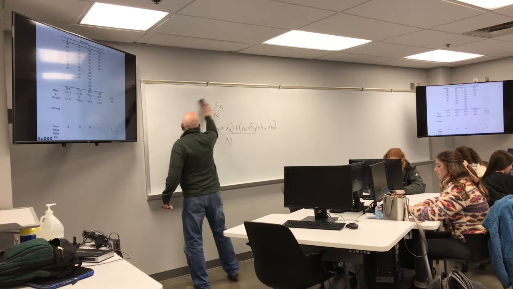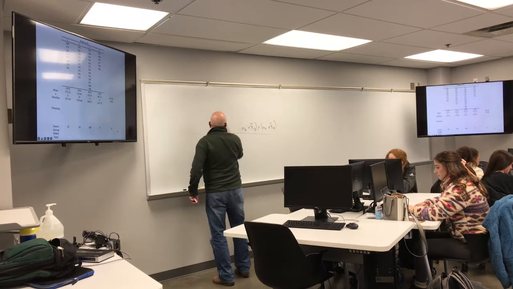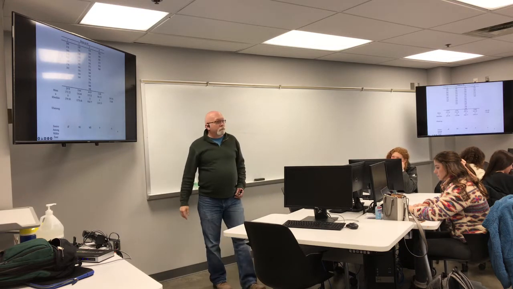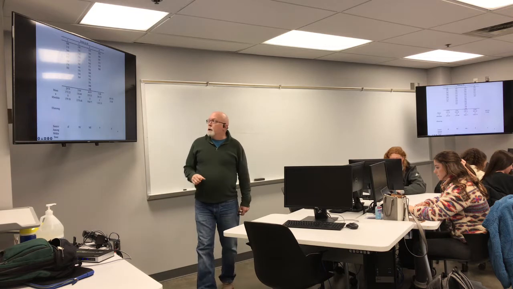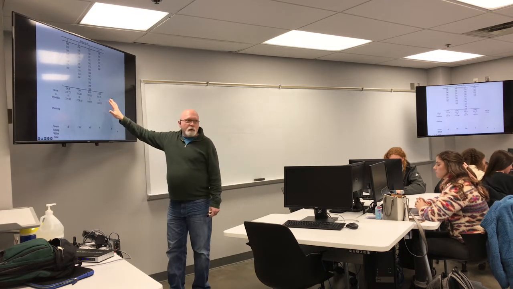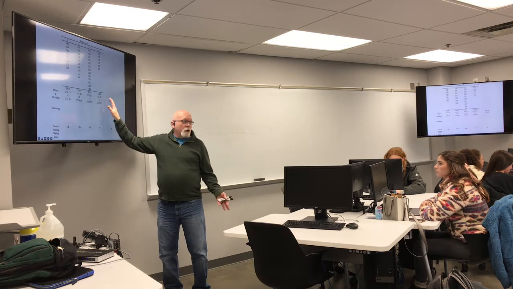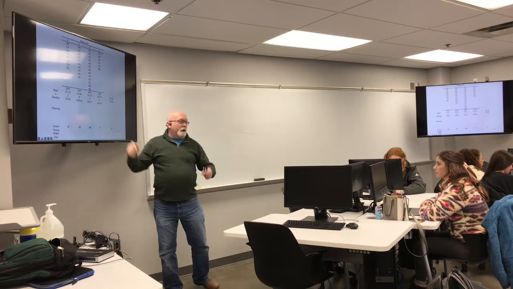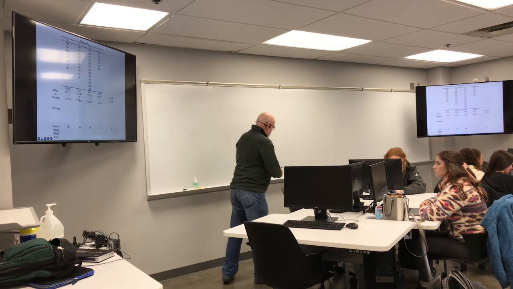Why do we need the grand mean? Yeah. Sum of squares among. Sum of squares among is this mean minus the sample mean squared. Then what do you do? Multiply by the sample size. Weight it times the sample size.